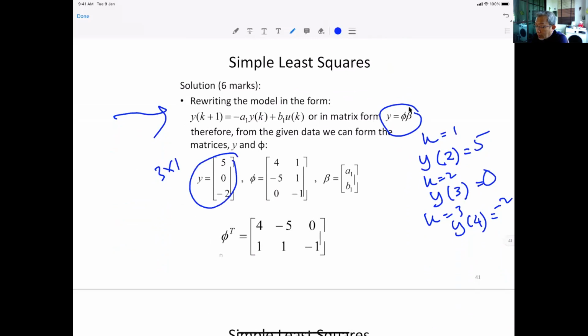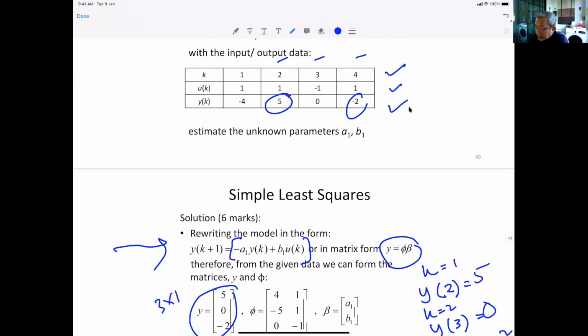And then matrix theta has 2 columns. If you look here, minus a1 y(k), positive b1 u(k). So again, we use the sequence as shown. Because k equal to 1, negative y1, because we have a negative here, so y1 is minus 4, positive 4.